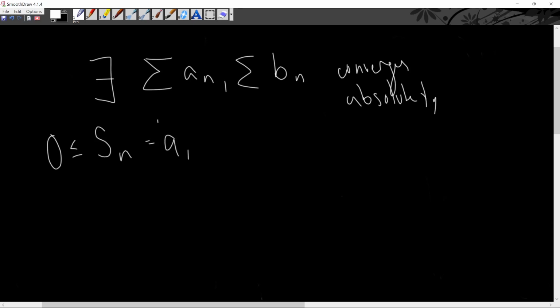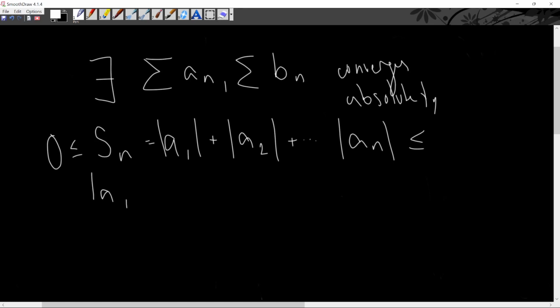So we have a1 plus a2, and then on until you get to a sub n, right? And this is less than or equal to a sub 1 until you get to a sub n, right? So we're still saying that s sub n is less than or equal to essentially s sub n.